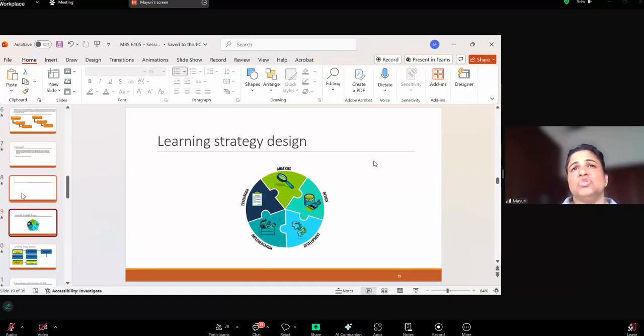You as an HR manager, you as a supervisor, you as a responsible person in the organization, how do you design a training program and then deliver it, and then how do you assess the effectiveness of the program you delivered? That we call learning strategy design.